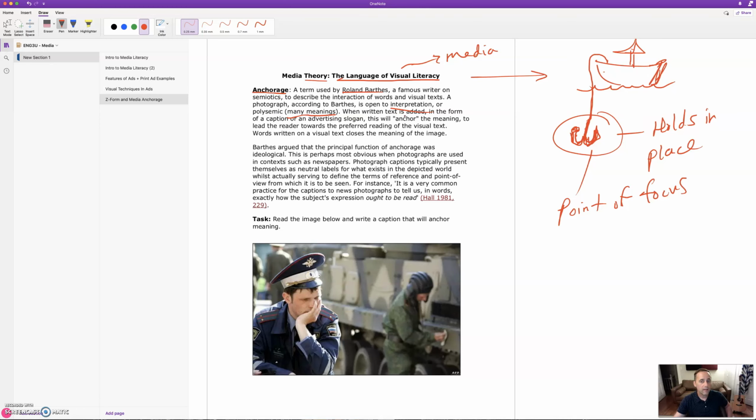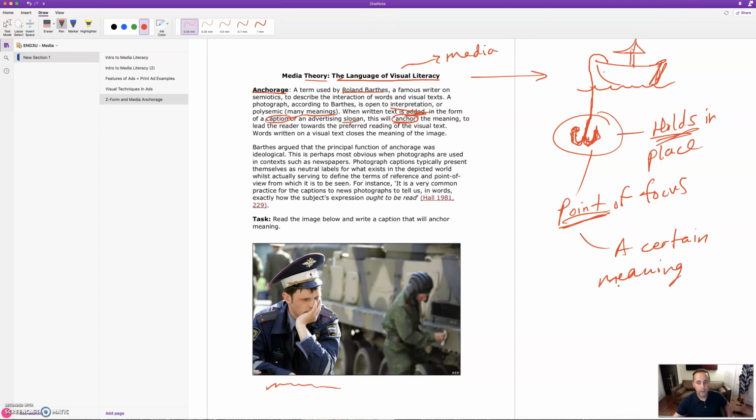When written text is added in the form of a caption, so captions when it's written below, down here, below the photo, or if there's an advertising slogan, this will anchor the meaning. It will give it a point of focus, and it will hold a place to give a certain meaning to the image.